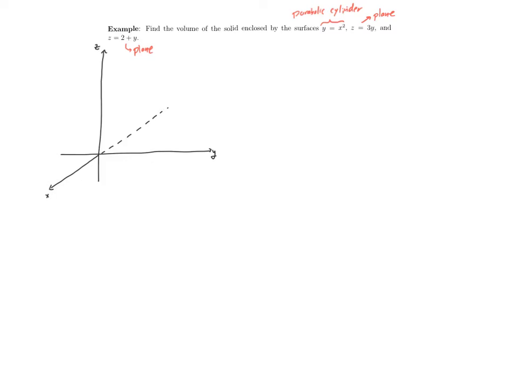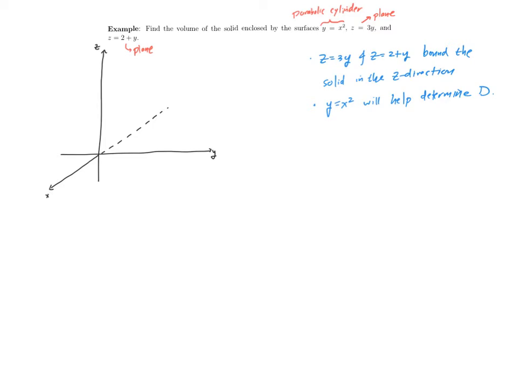My other bit of intuition is that the two planes z equals 3y and z equals 2 plus y are going to bound the solid in the z direction. And then along with that, y equals x squared will help determine D, where D is going to correspond to our region of integration for the double integral.